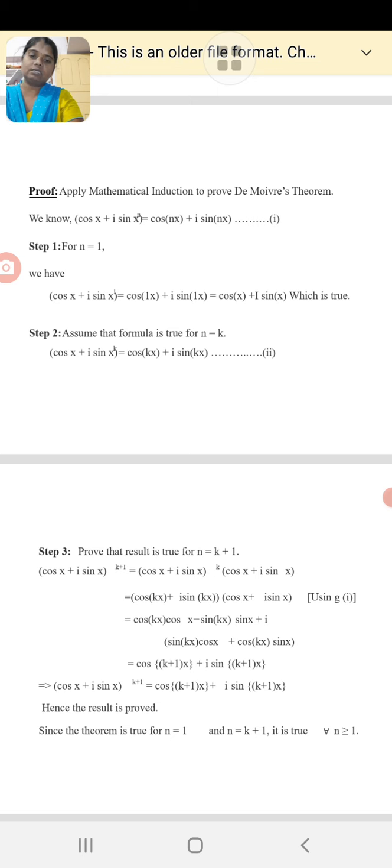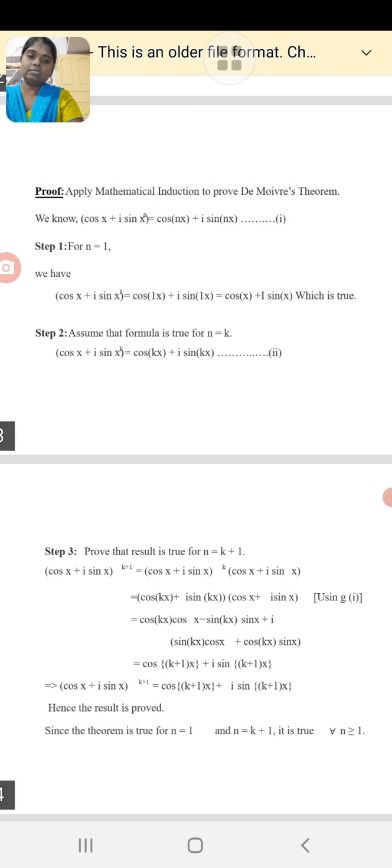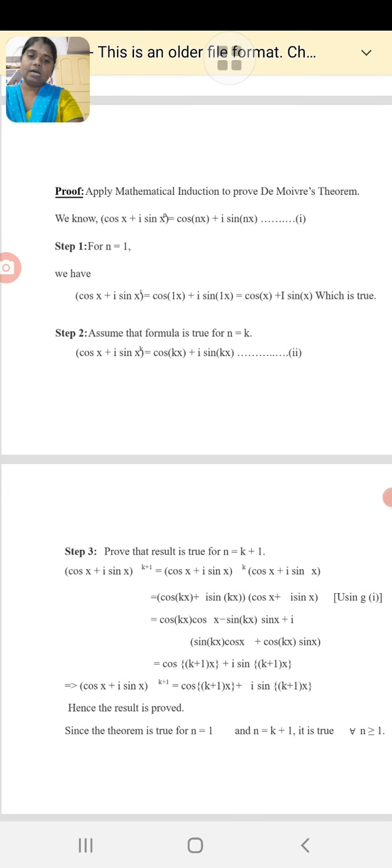Now taking the product, we can write this as cos kx cos x + cos x into i sin kx + i sin x cos kx + i into i squared sin kx sin x. i squared is equal to minus 1.